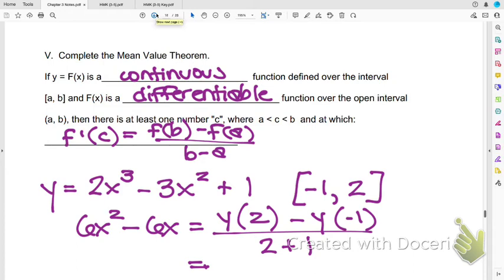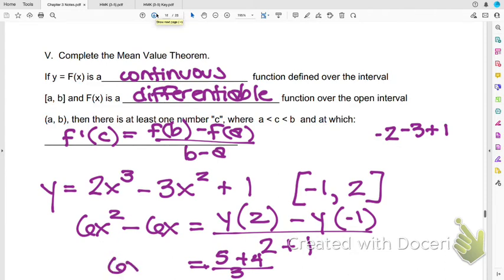Wait, 16 minus 12 is 4, and 4 plus 1 is 5. Now y of -1: -2 minus 3, and the -1 squared is positive, so that's -2 minus 3 plus 1, which is -4. So the average rate of change is 5 minus -4, so plus 4, over 3. I tried to outsmart you.